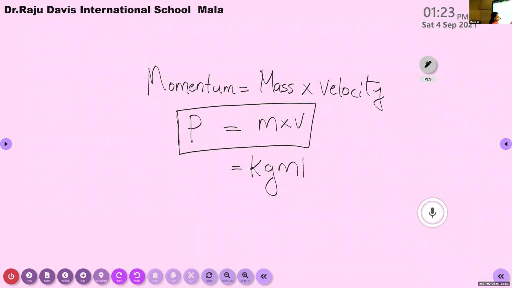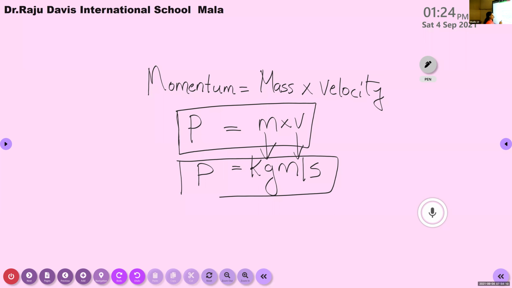So the SI unit of velocity is meter per second and the SI unit of mass is kilogram. So the SI unit of momentum is kilogram meter per second.